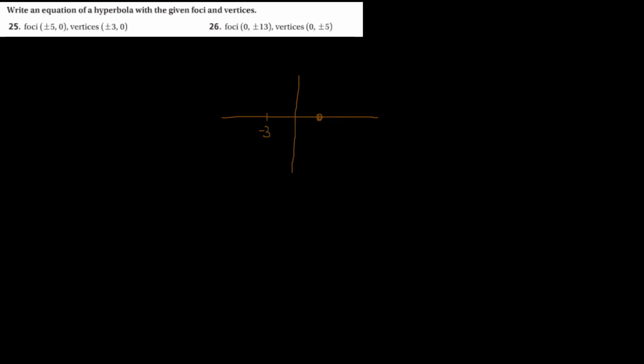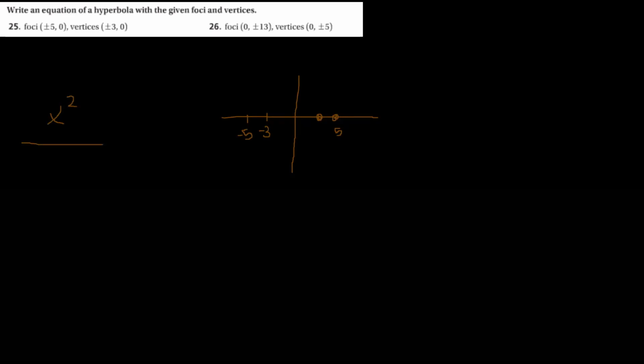So here are the foci. They will be inside the curve itself. So now we know it is x squared first, since it is horizontal, and it's going to be over a squared. And we know from the graph that our a is actually just 3, so it's going to be over 9.